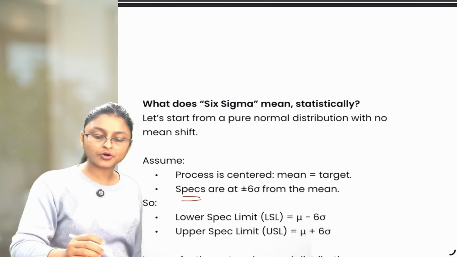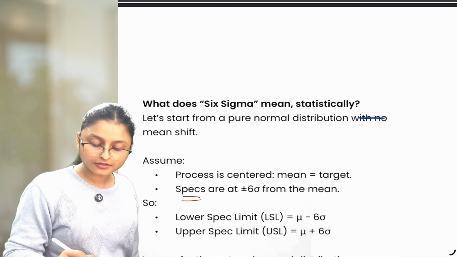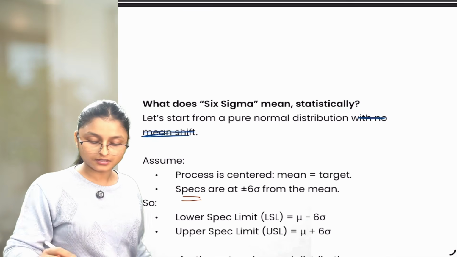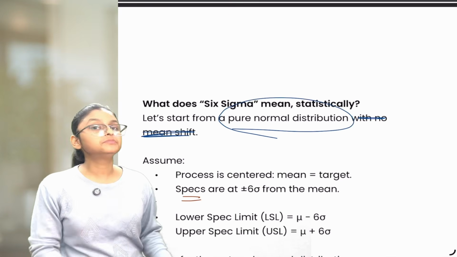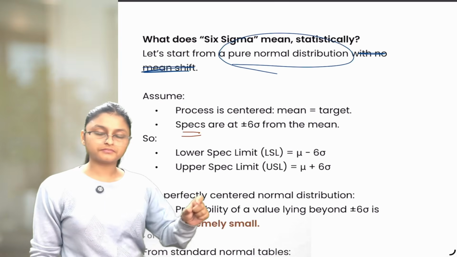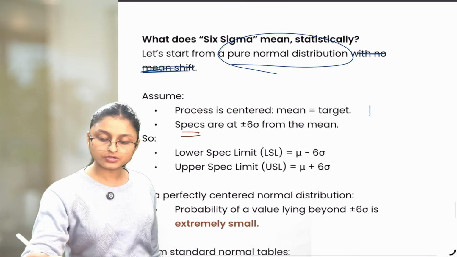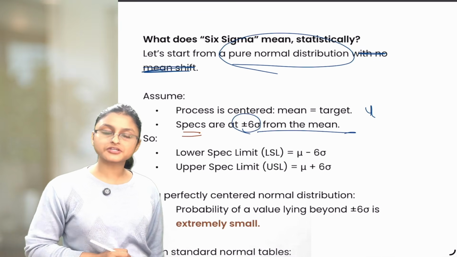Let's start from a pure normal distribution with no mean shift. Now, what is mean shift? We'll understand it later. For now, we are understanding what 6 Sigma means statistically. So assume the process is centered, mean is equal to target. So your mu is your center. Specs are plus minus 6 standard deviations from the mean.